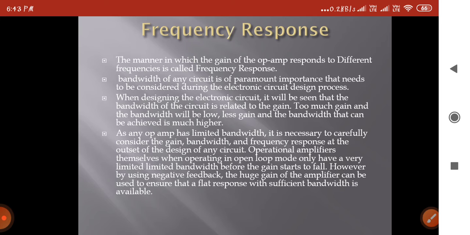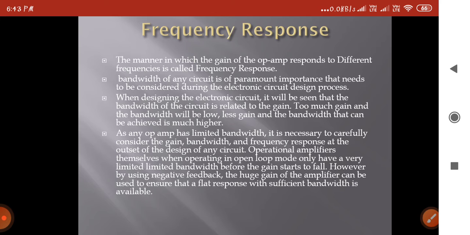As any op amp has limited bandwidth, it is necessary to carefully consider the gain, bandwidth and frequency response at the outset of the design of any circuit.